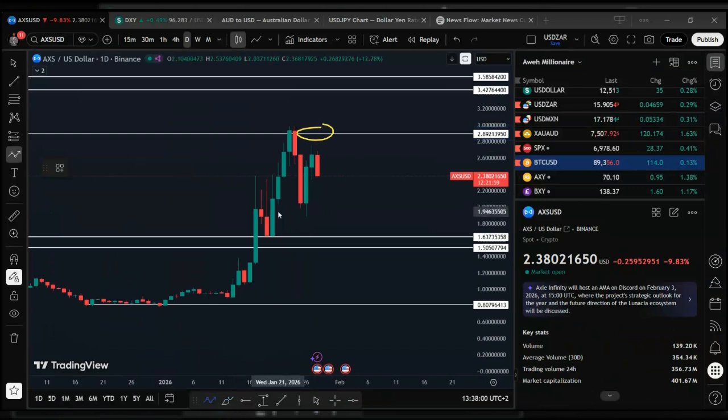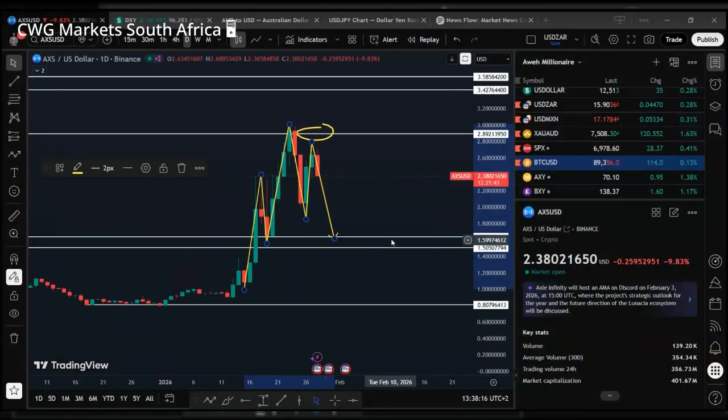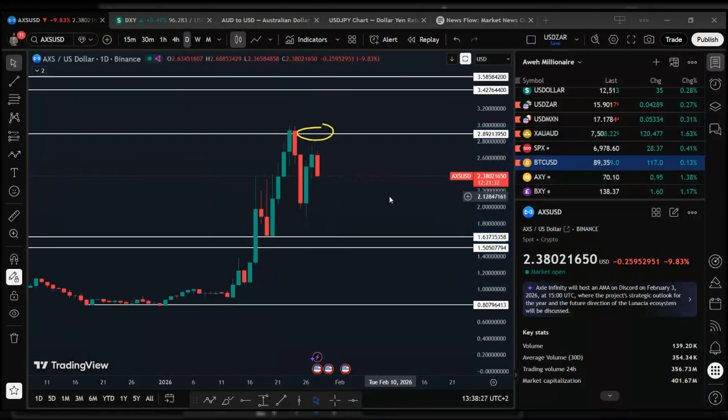Again, we said here a bounce off this level could indicate either a potential pullback, but as you can see, it seems like it's setting up a potential trend reversal where we could see price now eyeing an opportunity to the downside with the next major support sitting at the 1.6373 level on AXSUSD. Okay, so that's Axie Infinity opportunity at the current moment.